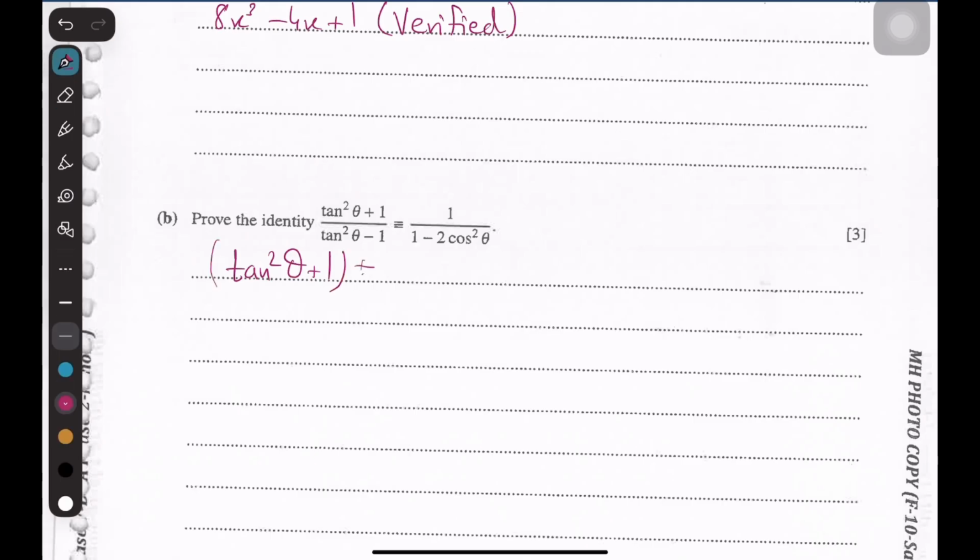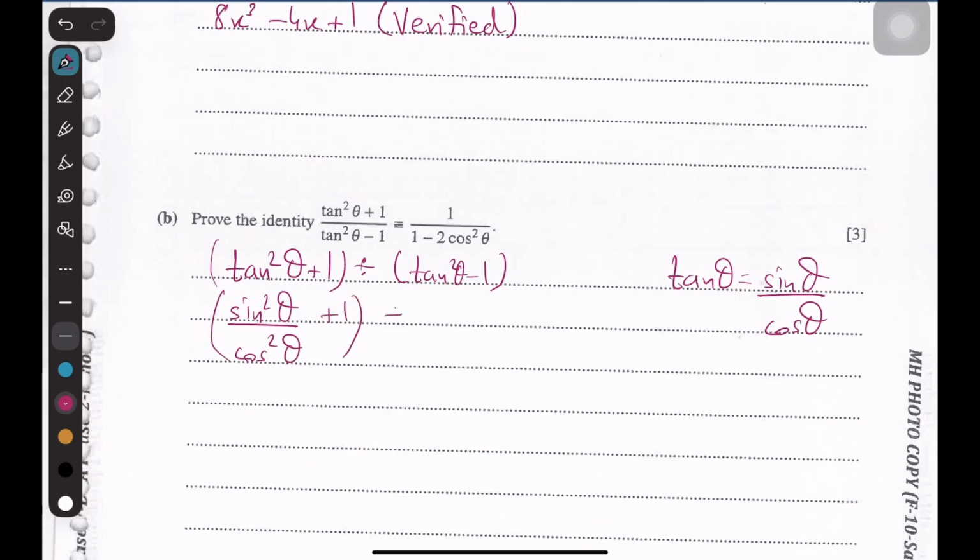Now remember that tan theta is equal to sine theta upon cos theta. So we can replace tan square theta with sine square theta upon cos square theta, plus 1, divided by sine square theta upon cos square theta minus 1.